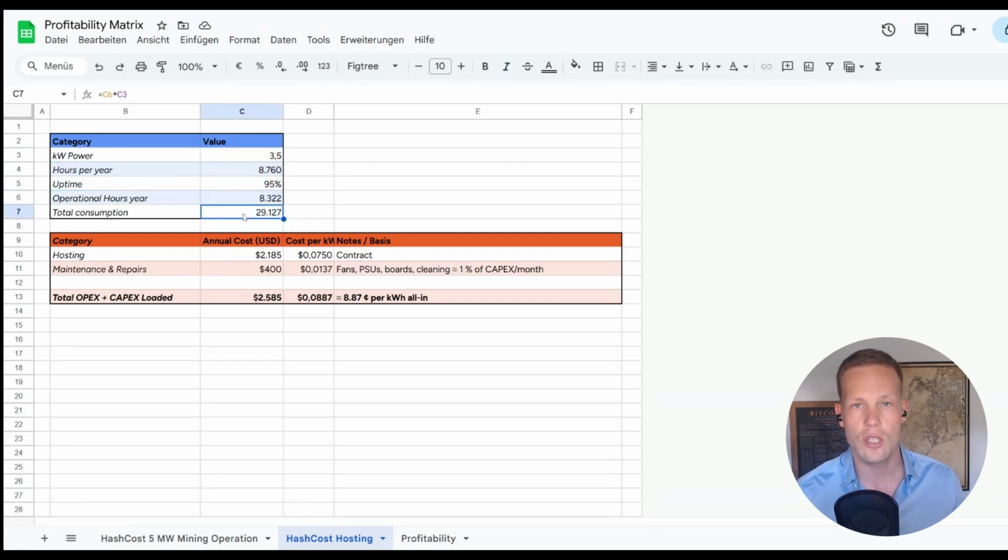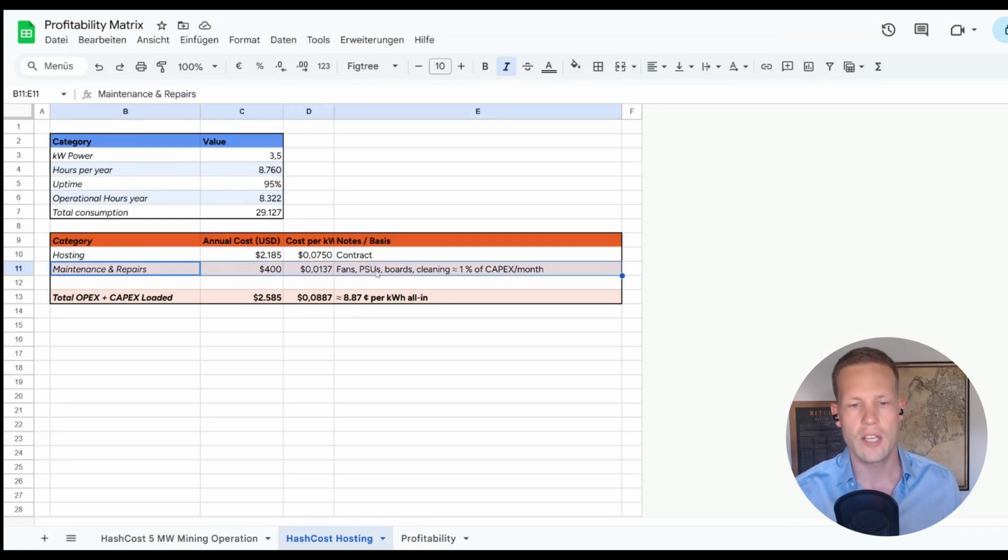The total consumption for that miner in a year at the mining farm where you are hosting it might be around 30,000 kilowatt hours. And now I've just added, just for explanation, the maintenance and repairs part again, because that can happen to your miner as well. And now you need to spend money to fix the machine, right?